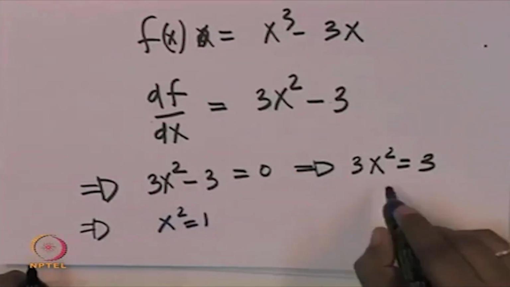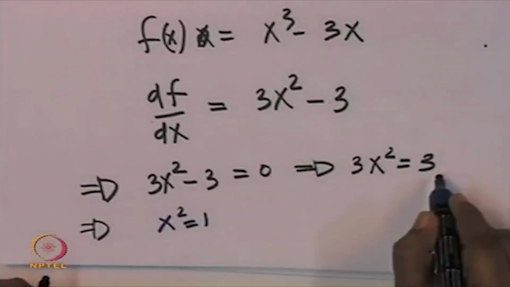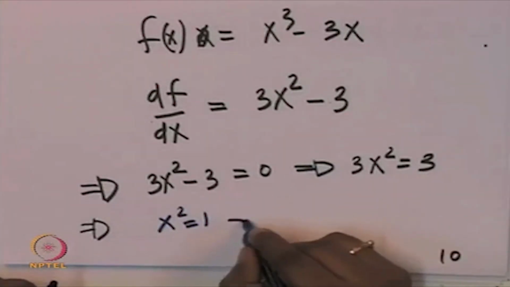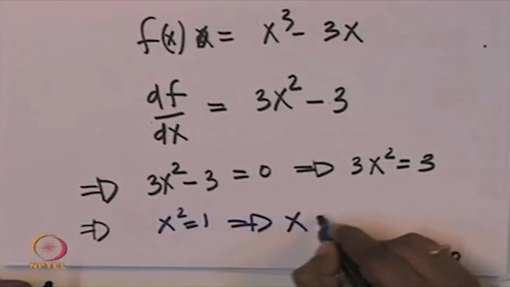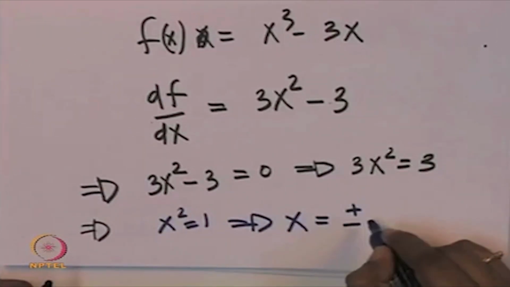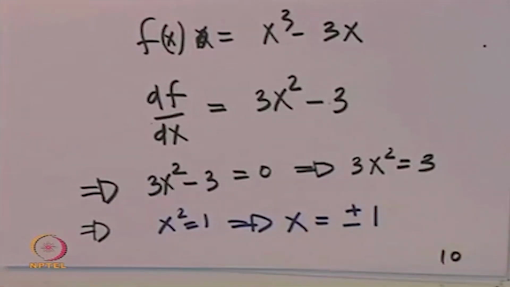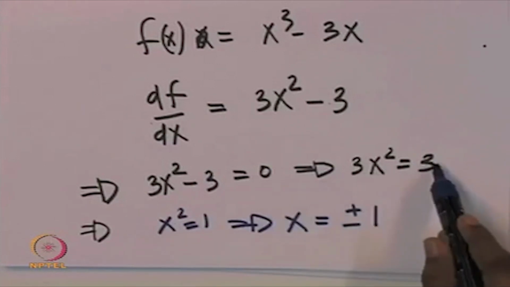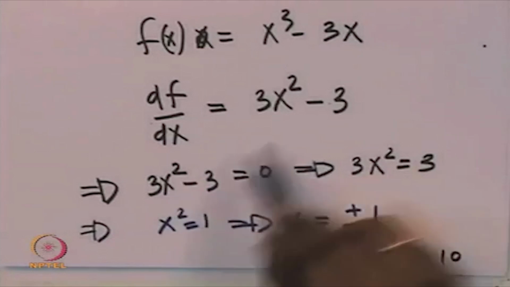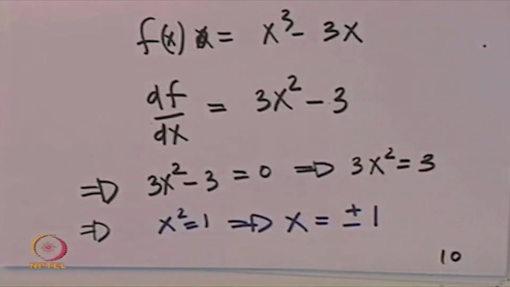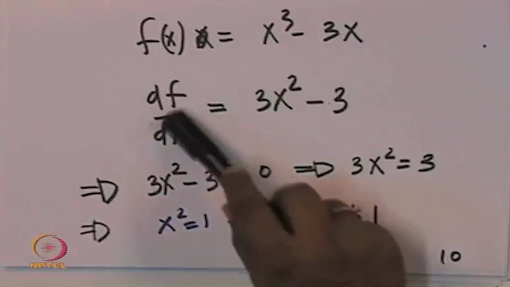equals 1. When x square equals 1, 3x square is 3, which implies that x is plus or minus the square root of 1, which is 1 itself. So, when x is plus or minus 1, 3x square minus 3 is 0. That means when x is equal to plus 1 or minus 1, the derivative df by dx is 0.